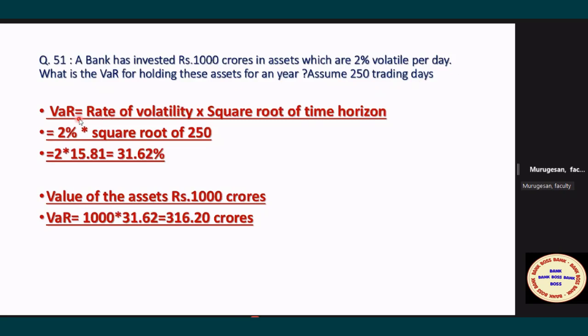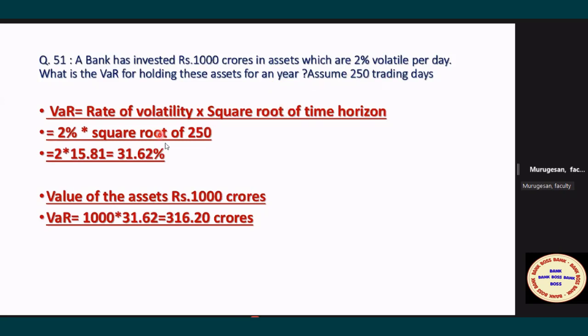The formula is simple. VaR is equal to the rate of volatility, 2%, into the square root of the number of days in the year. Normally 365, but they already told us to assume 250 trading days.